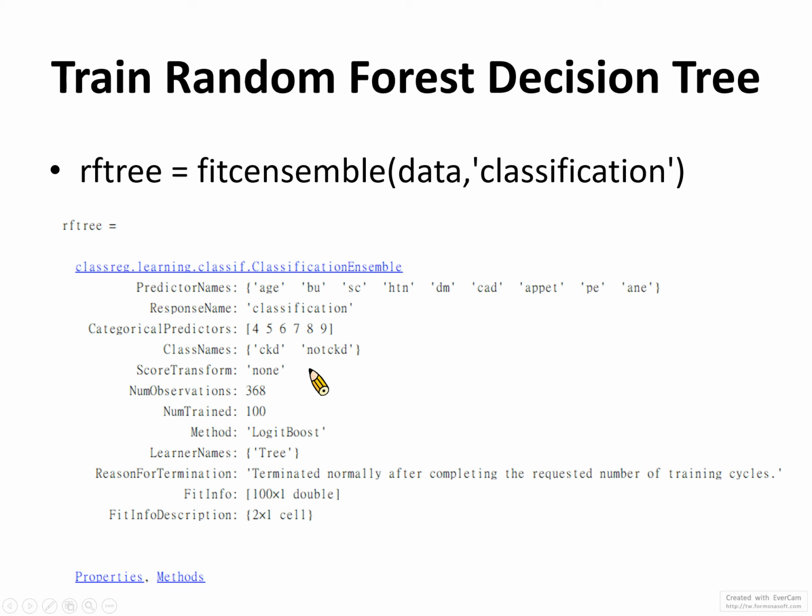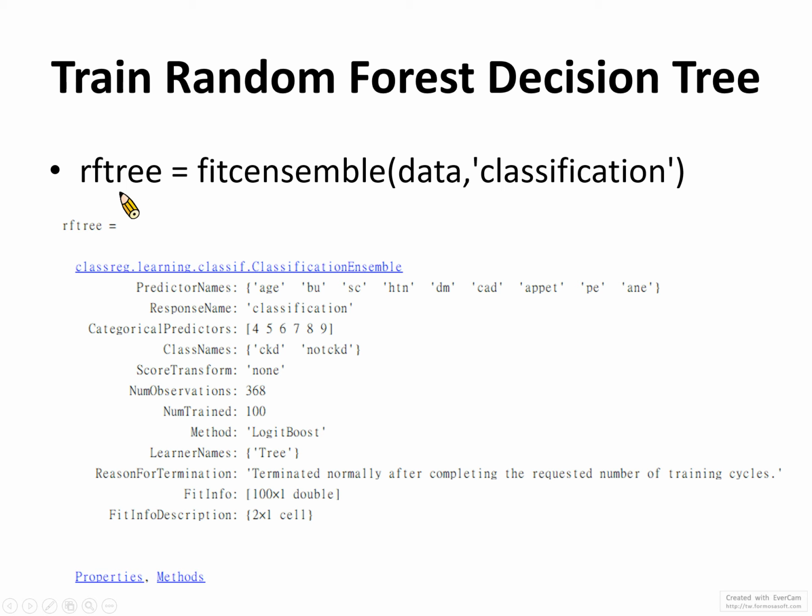To do this, we can use the fit classification ensemble function, which is the fitcensemble function here. Then we still use the data as the input and the classification label as the output. To distinguish this model from the previous one, we designate this tree as the random forest tree, RF tree.